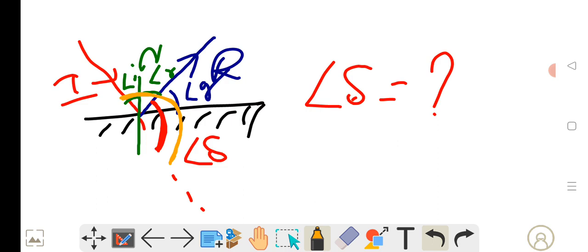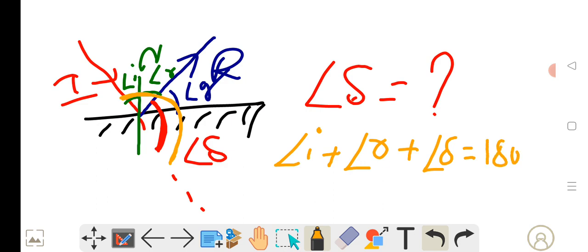So this total angle will be 180 degrees. Now I am writing angle I plus angle R plus angle delta; you should not take angle G because the angle of deviation is between the reflected ray and the dotted line, which is the expected incident ray if you did not have a mirror. That's why angle delta is equal to 180 degrees. That is a straight line. That's why a straight line angle is 180 degrees.